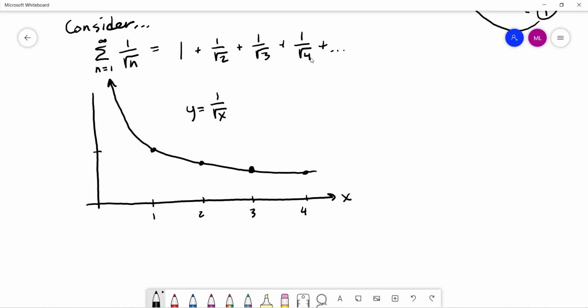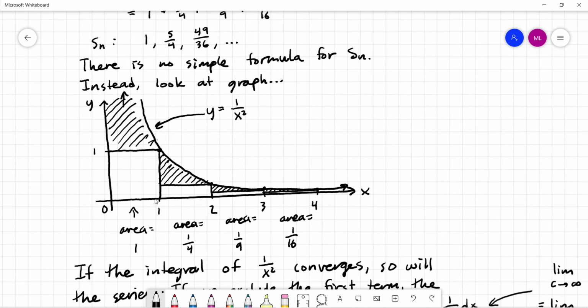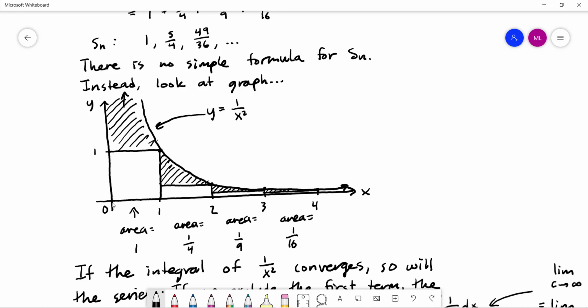In this case, I could try to draw the areas underneath, but I'm going to draw the rectangles basically to the right. On the drawing up here, I used essentially what we call the right endpoints in drawing my rectangles. So each rectangle that was drawn, the height of it was determined by the right endpoint on the curve.